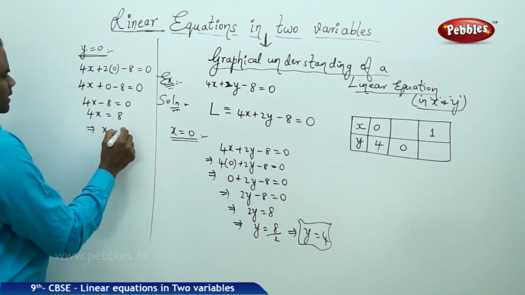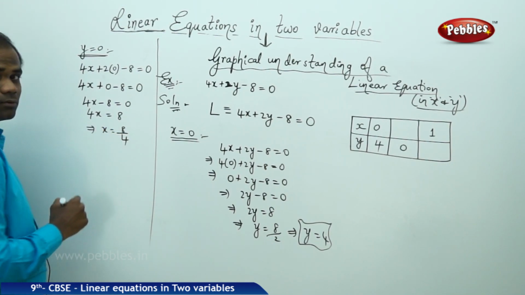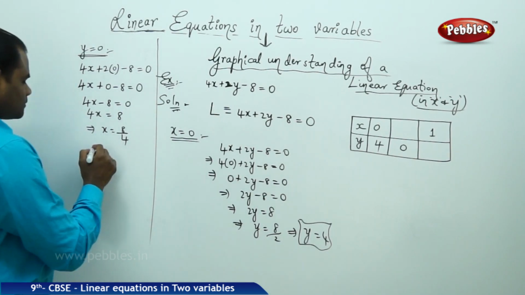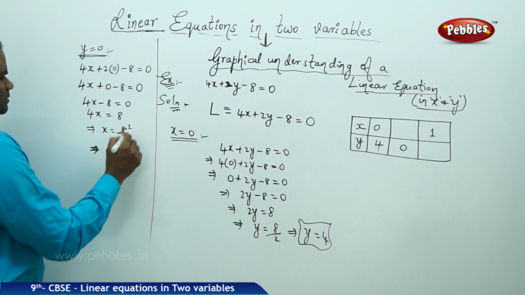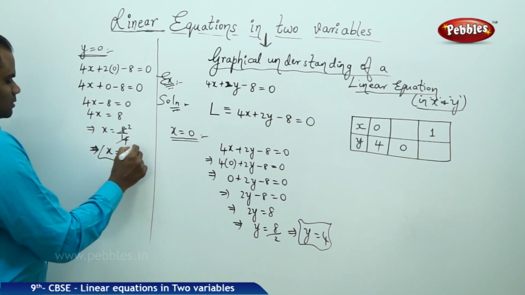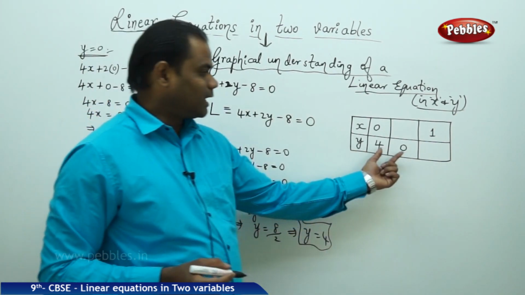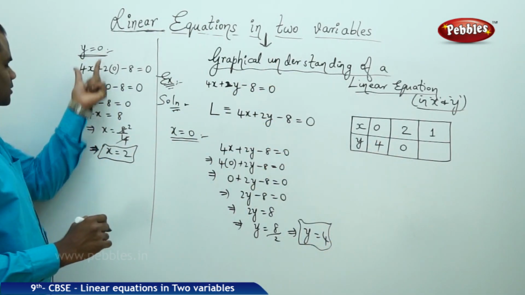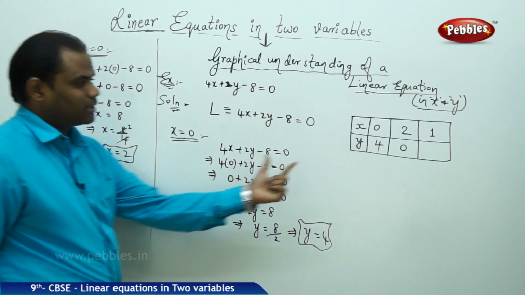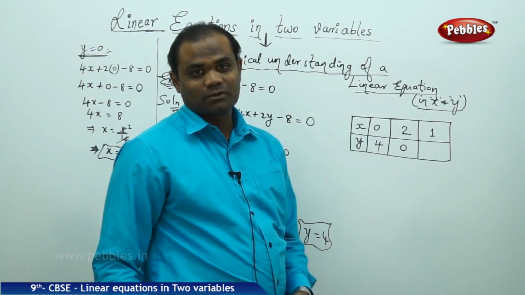That implies x is 8 by 4, that implies x is 2. Therefore, when y is 0, I get my x equal to 2, which I fill in the empty box.